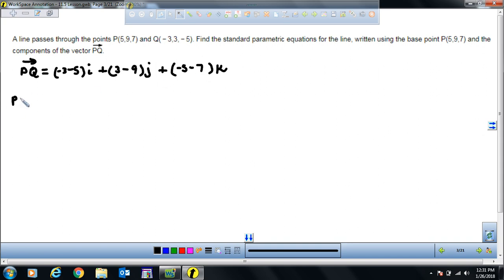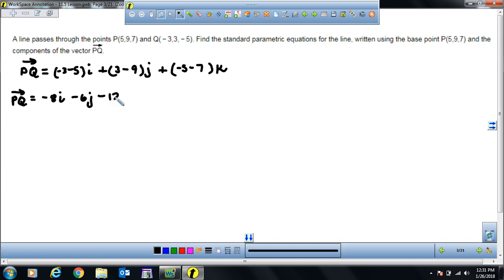That gives us the vector PQ, which is -8i minus 6j minus 12k. This is the vector traveling from P to Q, the direction of that vector.